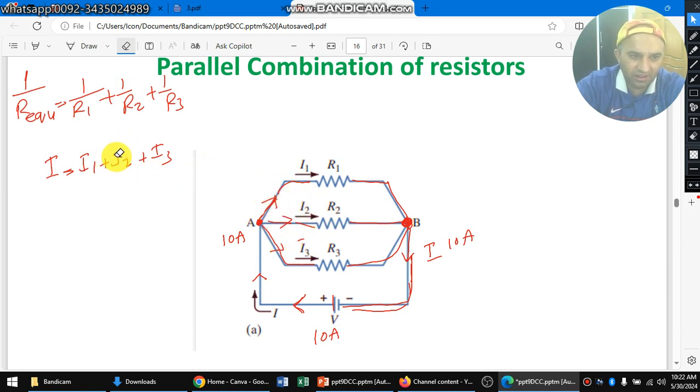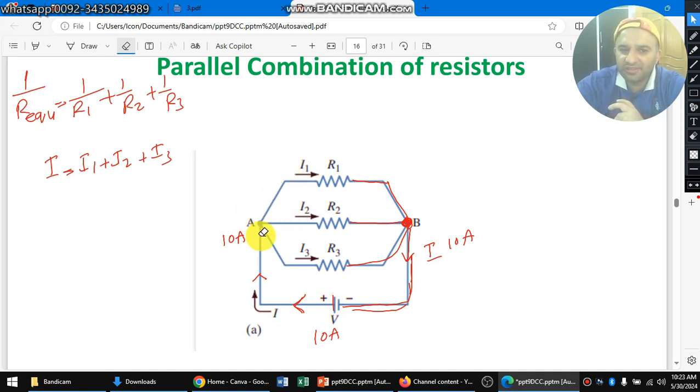Another thing is that the voltage developed across R1, R2 and R3 is the same, because the left ends are all connected to the same point A. So the work done by the battery to move charge from the positive terminal to point A is the same for all.